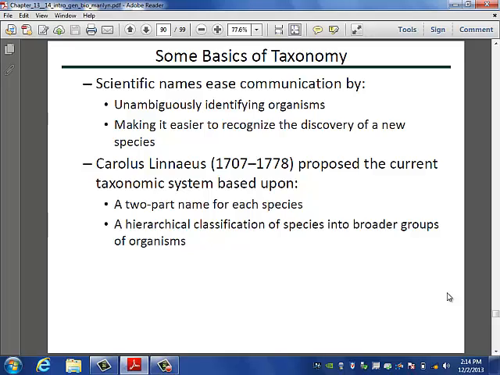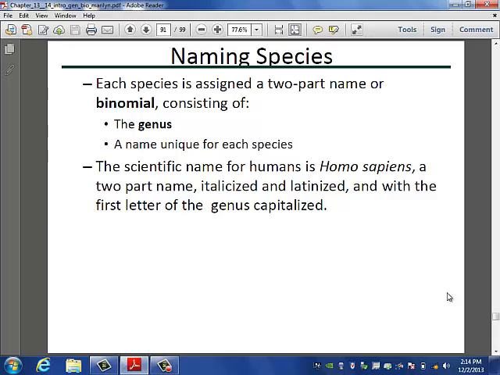So there's a two-part name. That's going to probably stay the same. Two-part name for each species, genus and species, and a hierarchical classification of species into broader groups of organisms. So you belong to a very broad group of organisms called what?